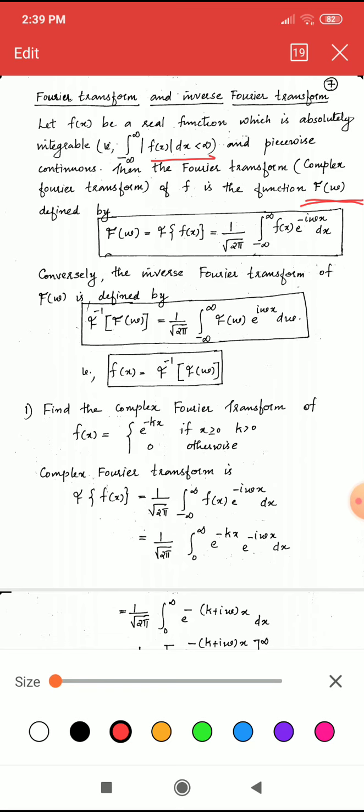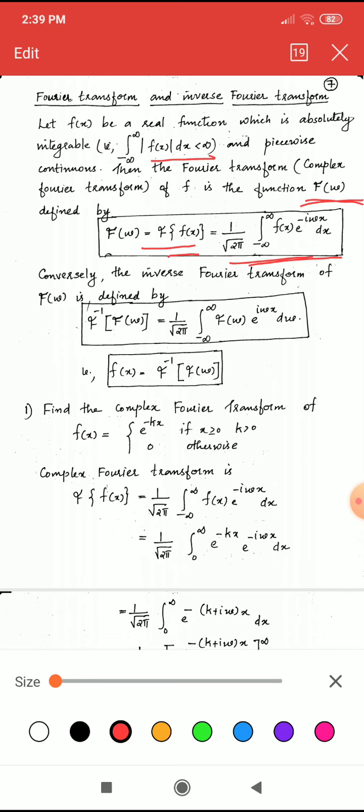Here Fourier transform is denoted by F of omega and defined by F of omega equal to F of f of x, which means Fourier transform of f of x, and its definition is 1 by root 2 pi integral minus infinity to infinity f of x e raised to minus i omega x dx.